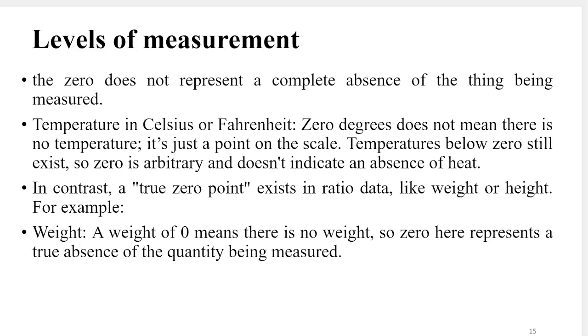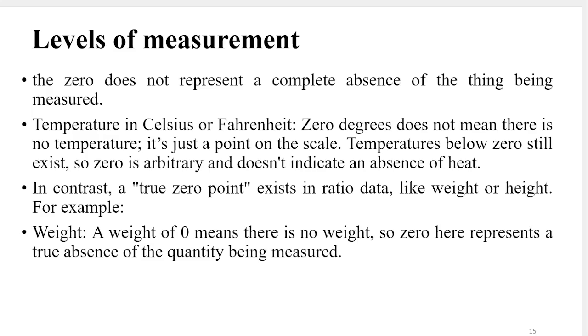This is very important because when we have a true 0, we can make meaningful comparison using multiplication and divisions. For example, we can say 20 kilograms is twice as heavy as 10 kilograms, which we cannot say in temperature data.